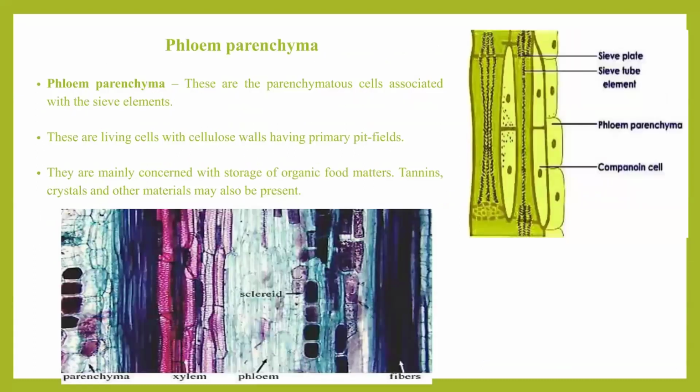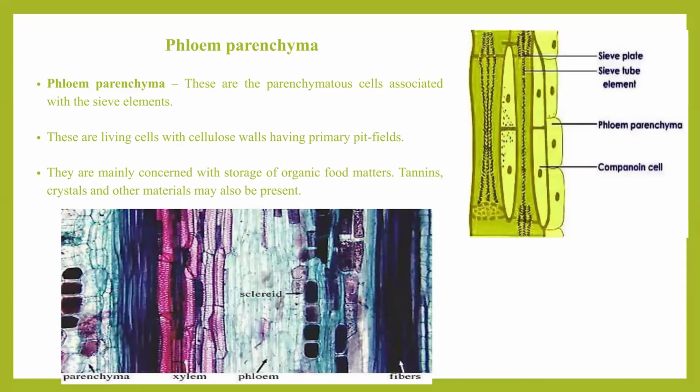The next element is the phloem parenchyma. These are the parenchymatous cells which are associated with the sieve elements. They are living cells with cellulose walls and primary pit fields, and they are mainly concerned with the storage of organic food material.